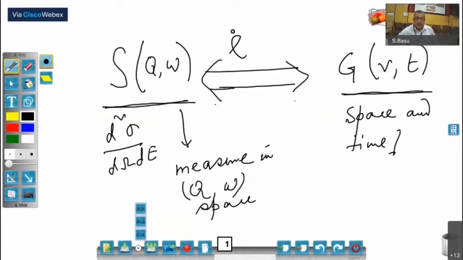One is e to the power minus i omega t and one is e to the power i q dot r. Either I integrate over omega, I go to t, or I integrate over q, I go to r, or I integrate over r, I go to q, or I integrate over time, I go to omega. They are double Fourier transforms of each other. So this is the only take from all the calculations that I have been doing.